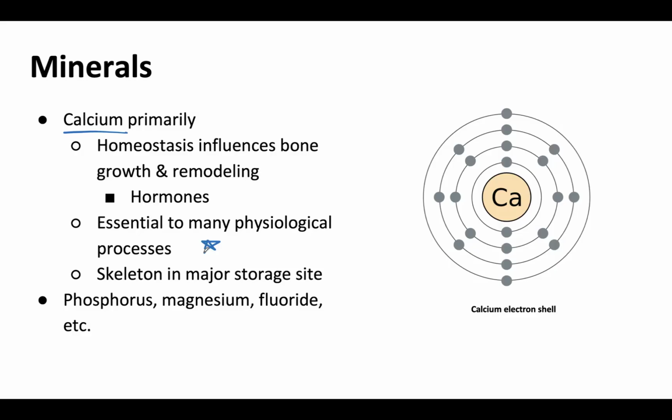Controlling the movement of calcium between the bones and the blood is so important, and that's where hormones come into play, and we'll discuss those shortly. Calcium isn't the only mineral associated with bone. You have phosphorus, pretty importantly, magnesium, and fluoride. They have functions associated with the skeletal system as well. But for our purposes in this course, we're going to focus on calcium.